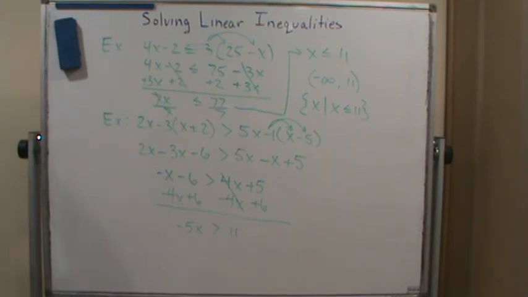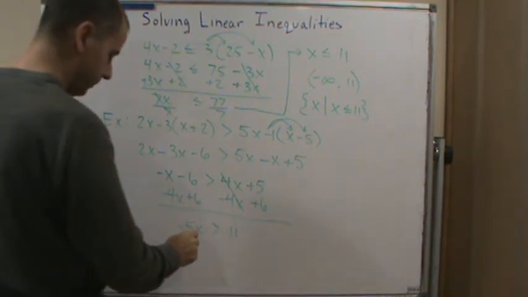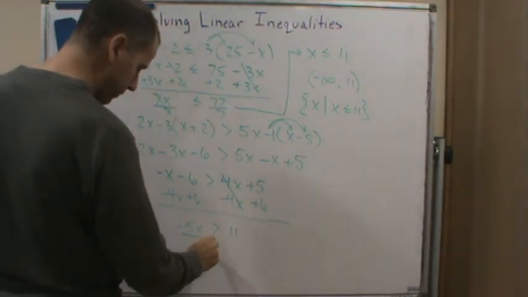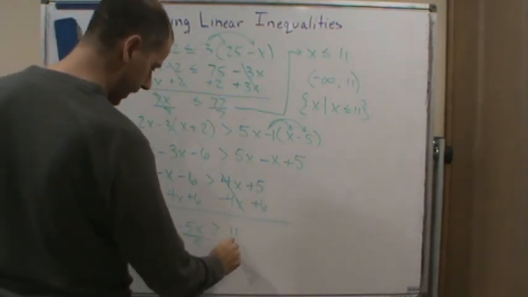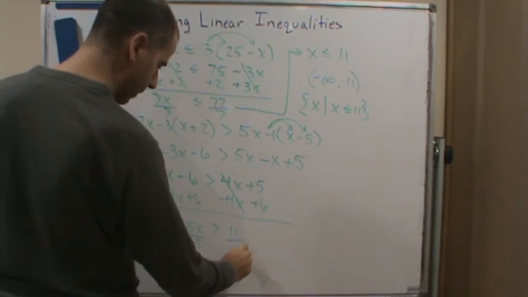So now I've got to divide both sides by negative 5. Well, now this is where I'm going to have to reverse the inequality, because I'm dividing both sides of the inequality by a negative number.